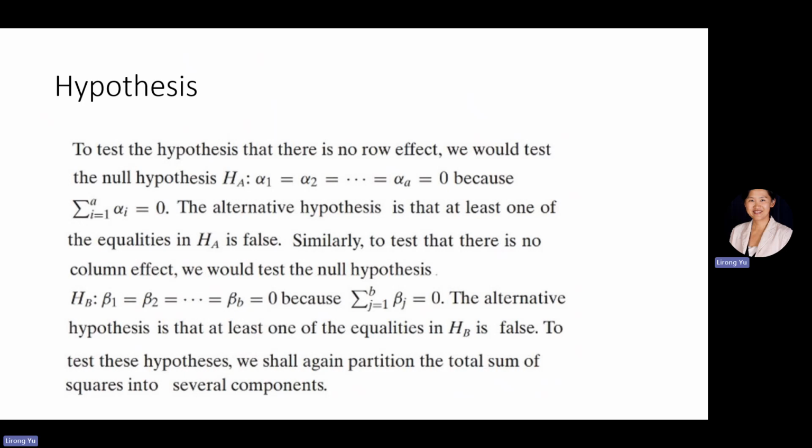So at least one of them has a non-zero impact. Any question? So we're writing it in terms of 0 instead of setting it equal to a value. So they're all equal to 0. Here, beta 1, beta 2, and beta b represent the effect.